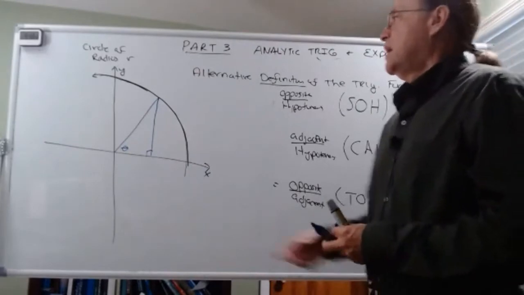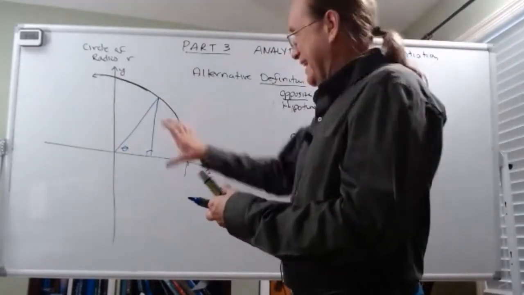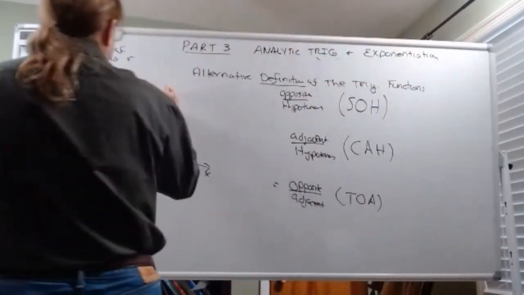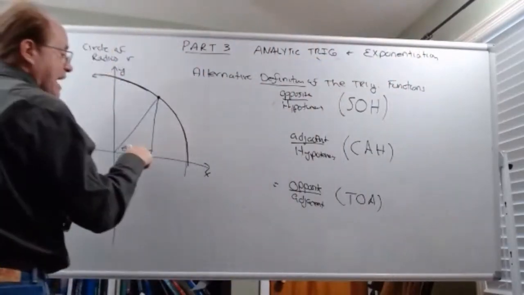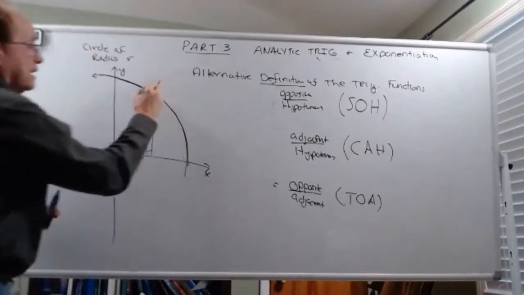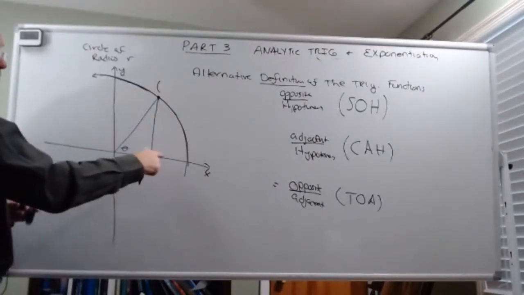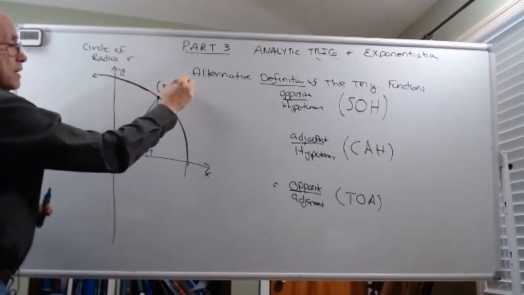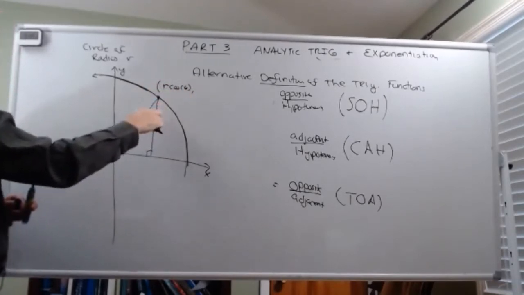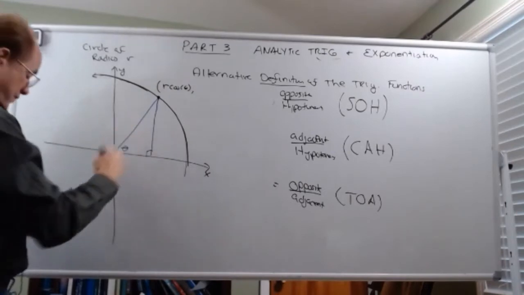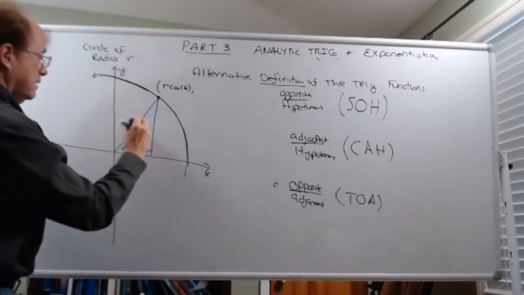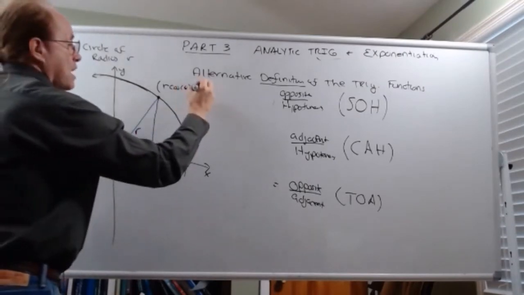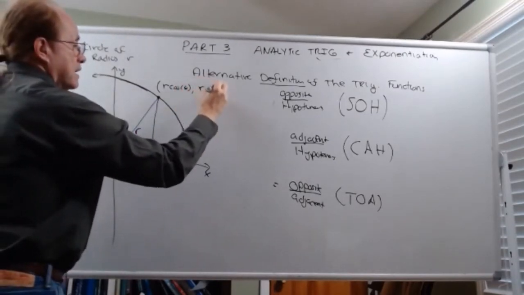Now remember how we defined the x and y coordinates. This is how we defined our trig functions. The x coordinate over here was r cosine theta, because this is a distance r, since it's a circle of radius r, and my y would be r sine theta.